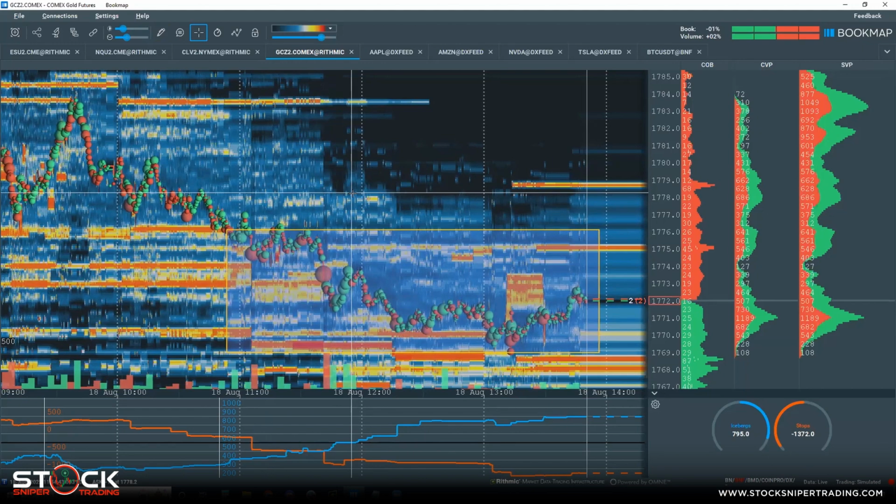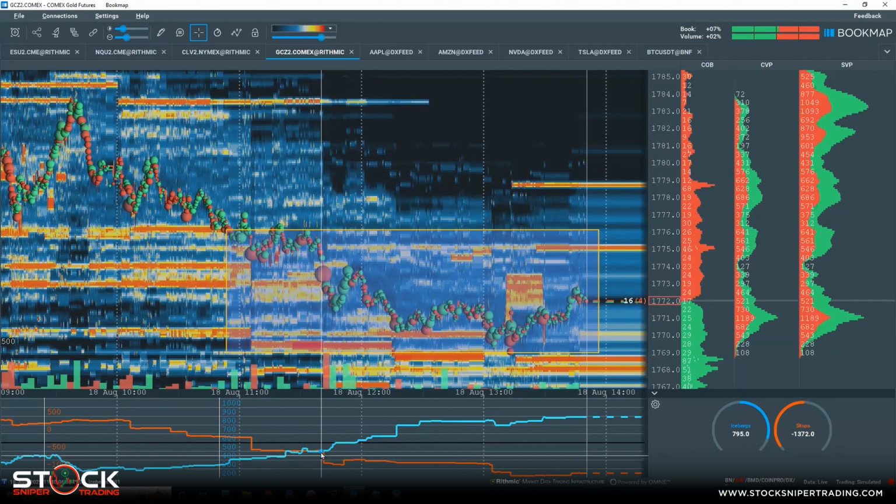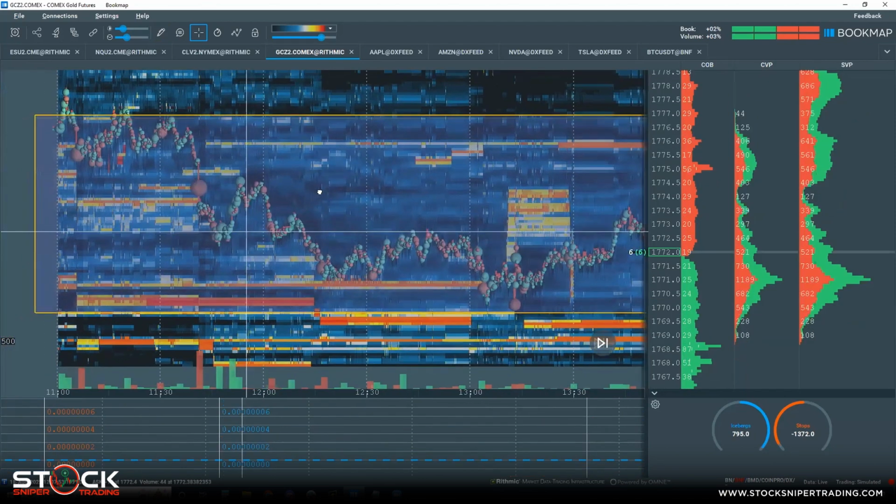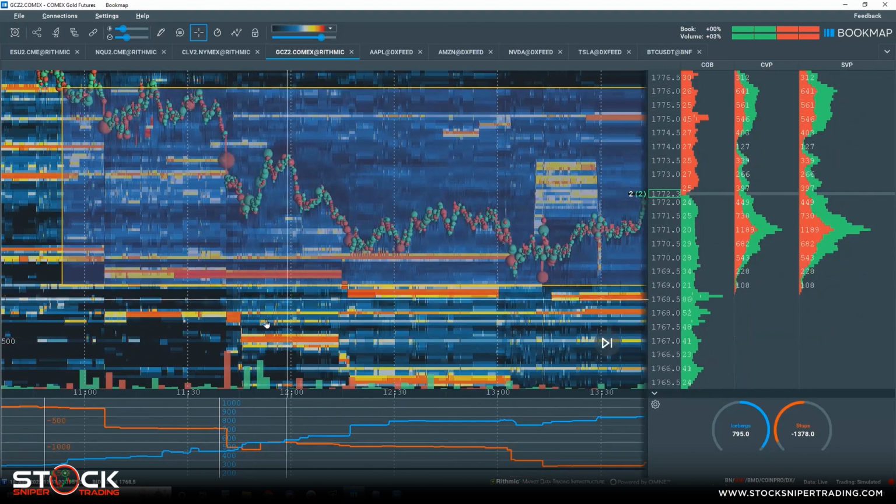I think it's erroneous to look at this as a crossover. The way to look at it is, what was the context or relationship? If I zoom in here you'll see maybe a different cross, but it's more like people are getting stopped out, but they're buying icebergs on the other side.